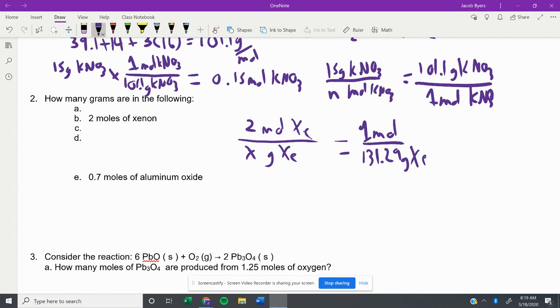So you're going to cross multiply, and we're going to end up with 262.58 grams of xenon times moles of xenon, which is equal to x grams of xenon times 1 mole. Well, not really 1, but moles. Xenon.